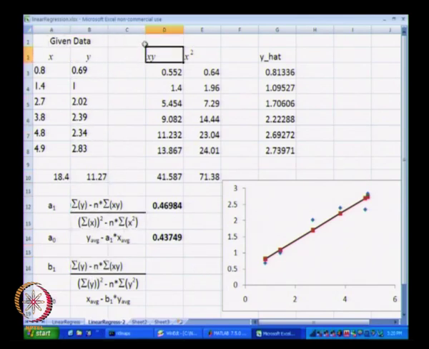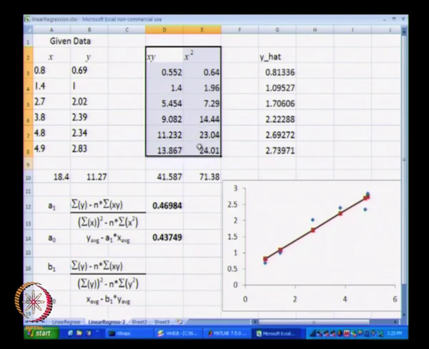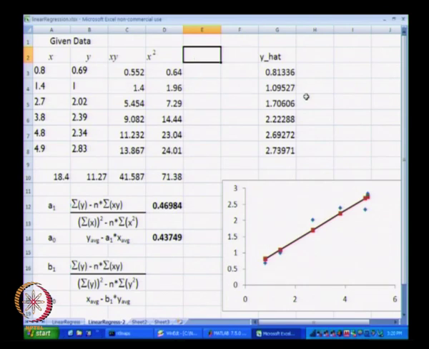For B1 and B0 we will need xy, and now we will also need our y squared, because instead of x squared we will be using y squared in this particular expression.